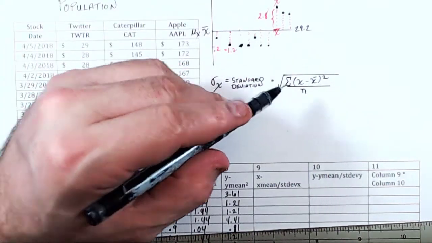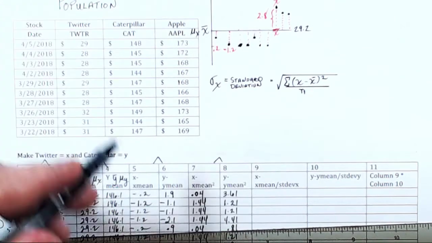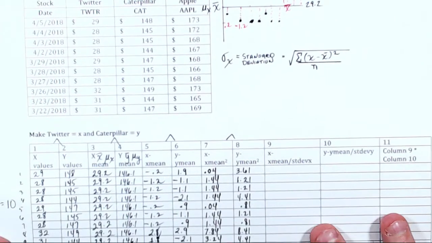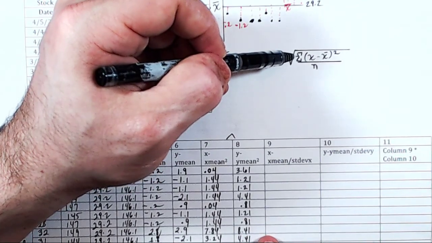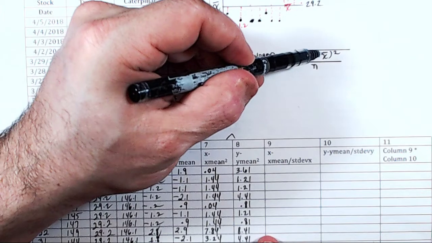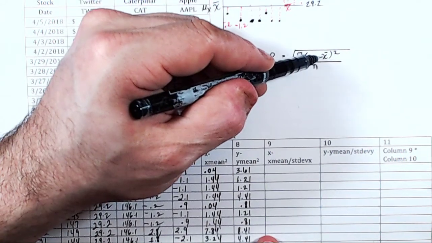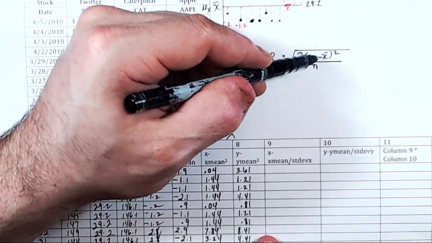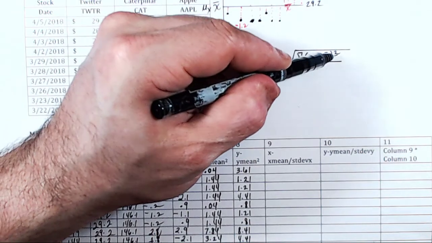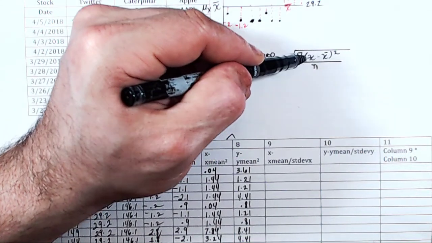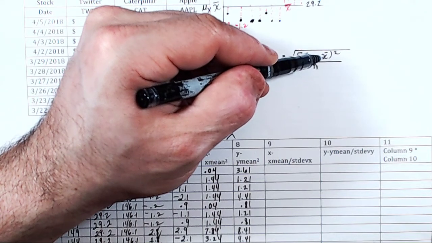In order to compute this, we have to pull some values from our table, which we actually have. It says here we need the sum of x minus x bar squared. We know that x bar means the mean of x, or x mean. So do I have anywhere where I've calculated the sum of the squares of the differences between the x values and the mean x?